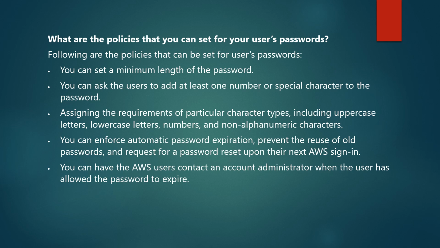You can enforce automatic password expiration, prevent the reuse of old passwords and request a password reset upon their next AWS sign in. You can have the AWS users contact an account administrator when the user has allowed the password to expire.